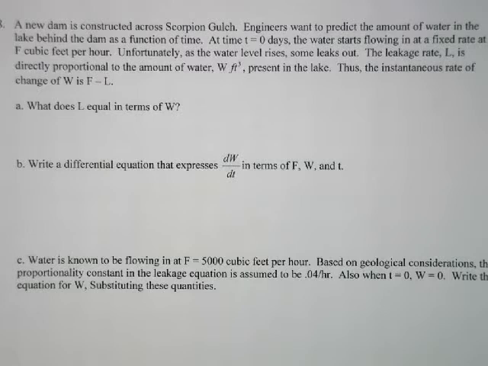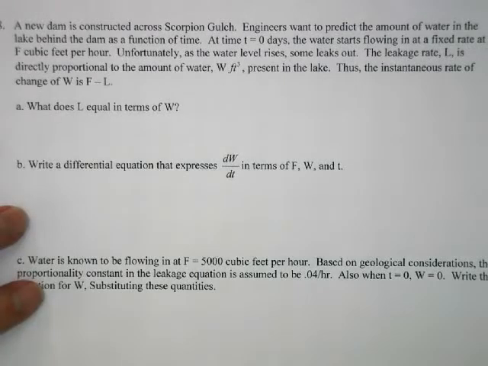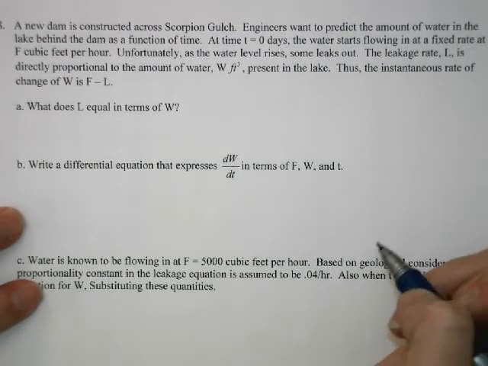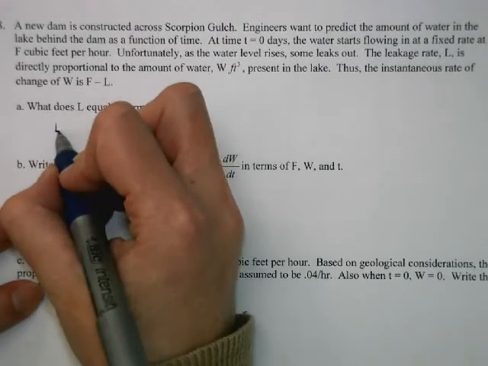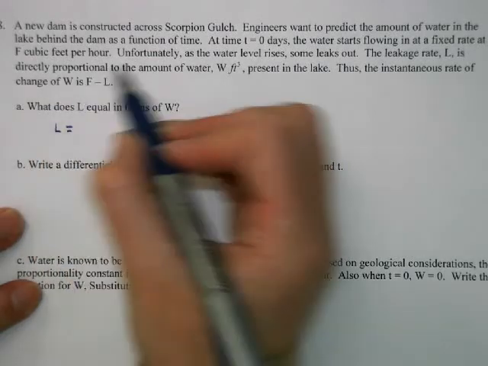The leakage rate L is directly proportional to the amount of water W in the lake. Thus, the instantaneous rate of change of W is F minus L. So what is L equal in terms of W? It says L is directly proportional to the amount of water W. So L equals KW.